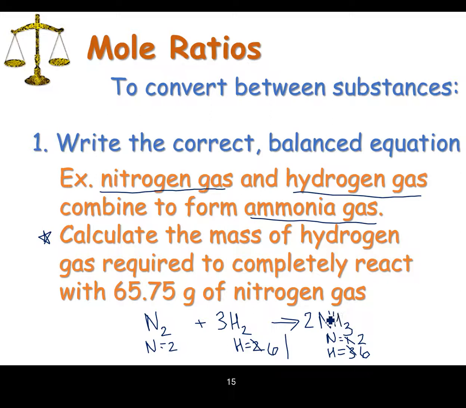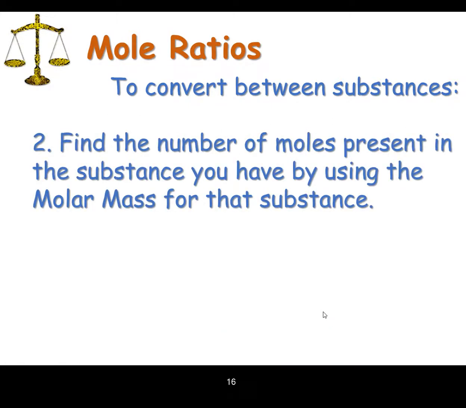Now our second step to convert between substances is to bring back that molar mass concept. You're going to find the number of moles present in the substance that you specifically start with, using the molar mass of the substance that you have. So here is that balanced equation that we just wrote out.